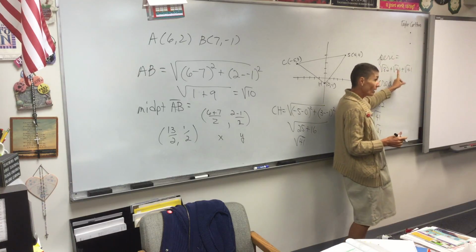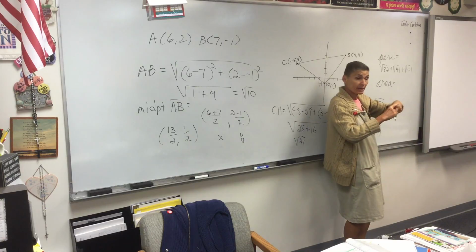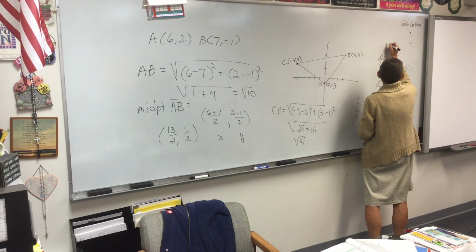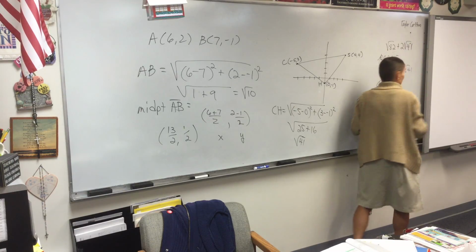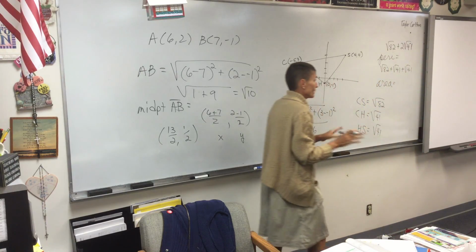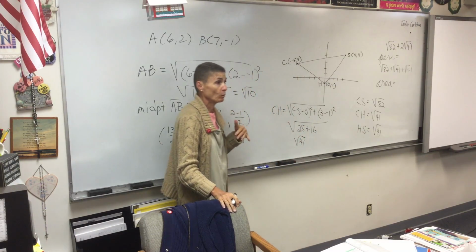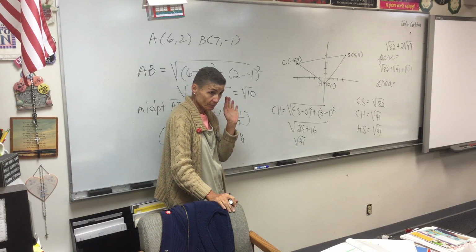One root 41 and another root 41 make two root 41s. So your perimeter is root 82 plus 2 root 41s. There's nothing else you can do. That's where you stop. Okay with that?